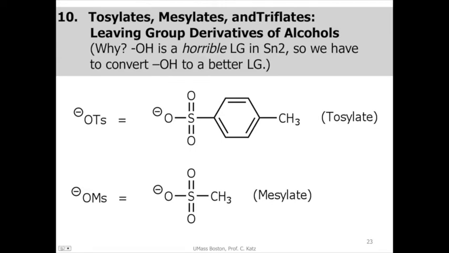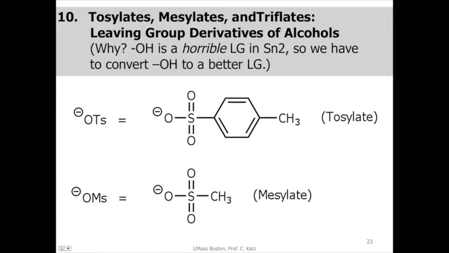Tosylates, mesylates, triflates. All right, so we were talking about this when we ended off the lecture last time. We use tosylates and these things when we want to make alcohols better leaving groups. Why? Because OH is a horrible leaving group in an SN2 reaction, so we have to convert the OH to a better leaving group somehow.